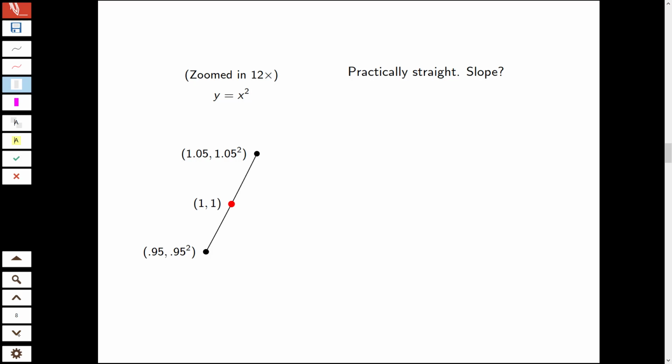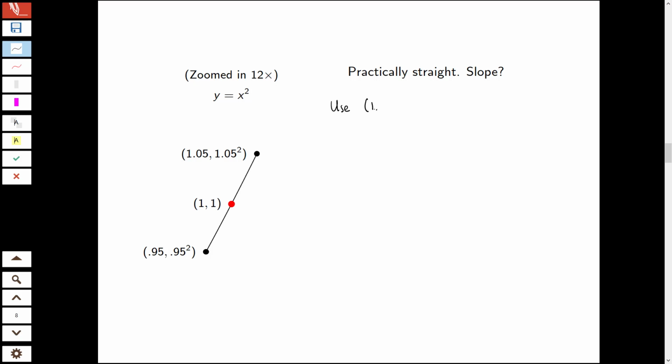And at this point, whereas the previous picture still had a slight noticeable curve to it, this one is practically straight. Now I'm going to do just as I did before, and pretend that this is a straight line segment, and try to compute the slope.